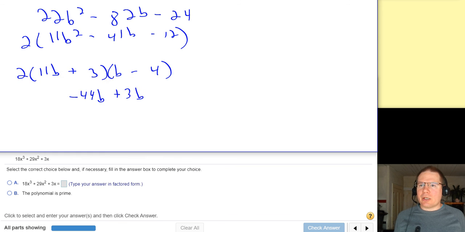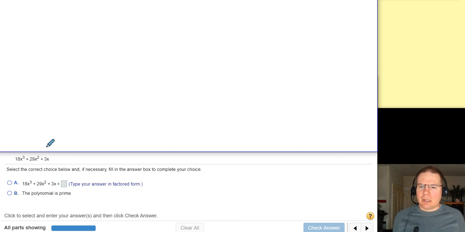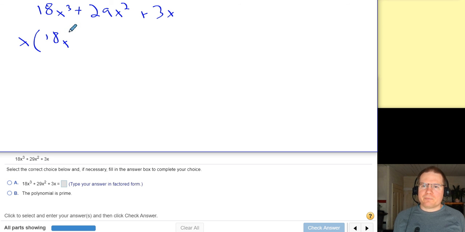All right, 18x cubed. All right, here we've got x is a common factor. And that's it, right? 3 is not a factor of this one. So I factor out the x. And 3 is not a common factor. So 3's got to be 3 and 1, but that 3 can't be with a multiple of 3 here.